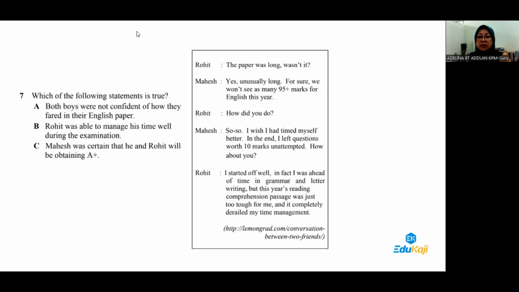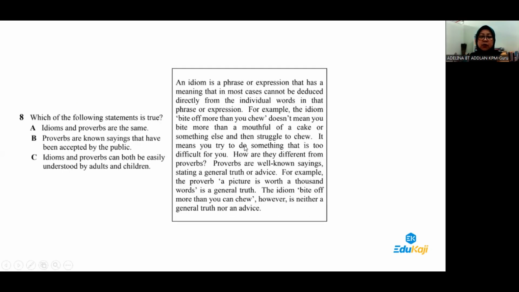Okay, the marks that he got, and they were discussing how one person is unable to attempt all the questions given, whereas the other friend is doing quite well compared to the other. Okay, alright, so just read as normal as it is. It's not that difficult. It's not that difficult.